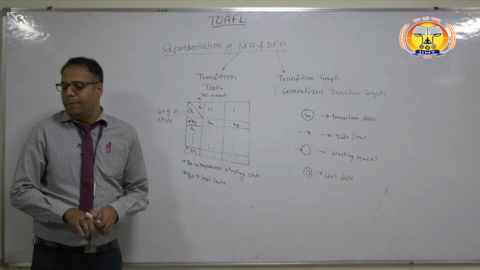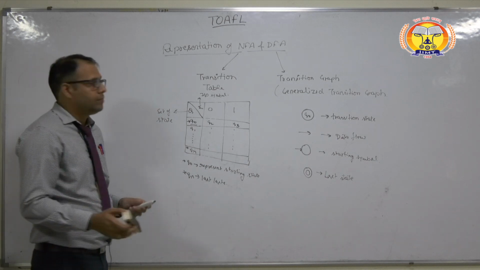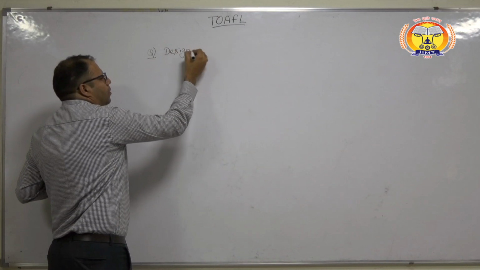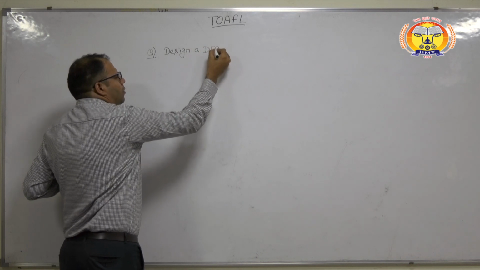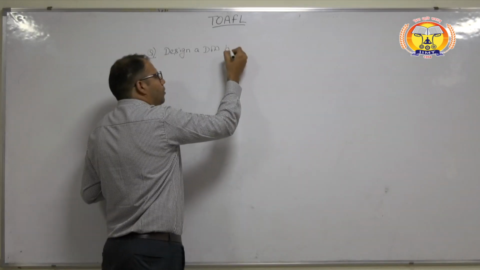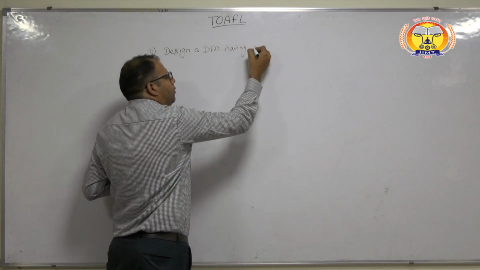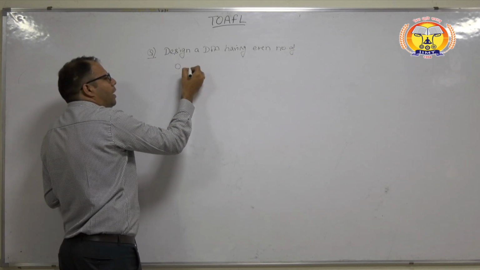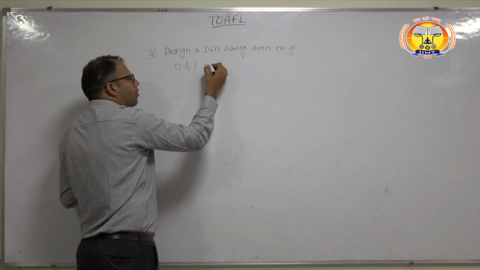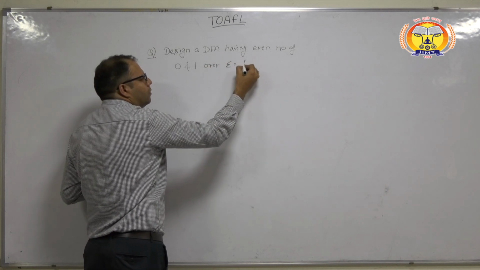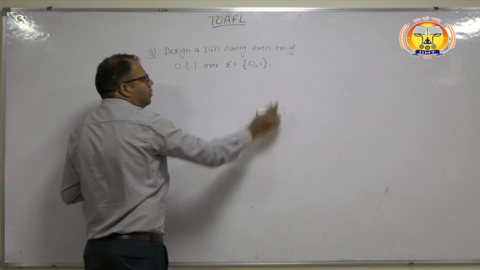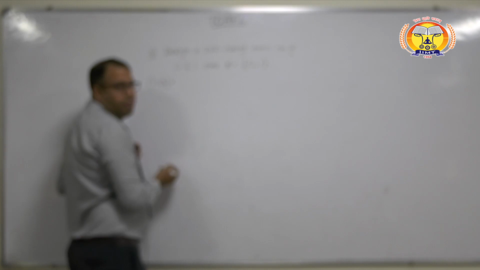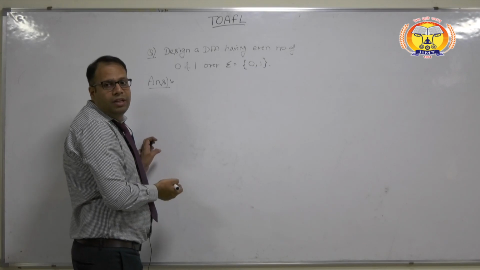Now let us consider an example for designing. Design a DFA having even number of 0s and 1s over the input symbols 0, 1. Now we will design a particular finite state machine. There are multiple possibilities for an even number of 0s and an even number of 1s.